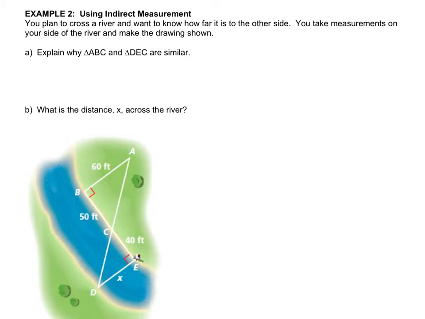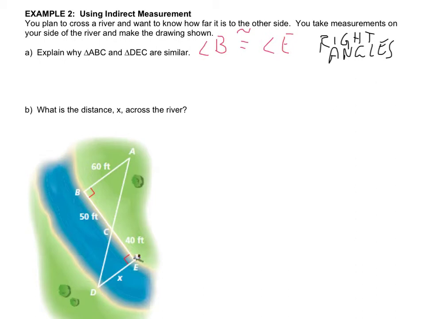Well, hopefully we can agree that because angle B and angle E are both right angles, they are congruent. So there's our first set. And we know they're congruent because they are right angles.